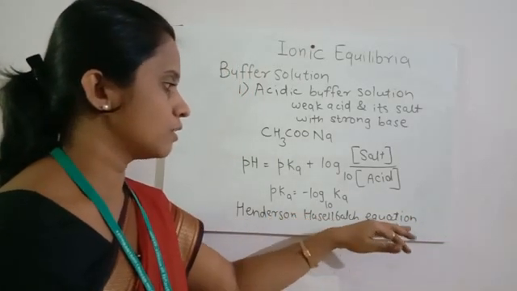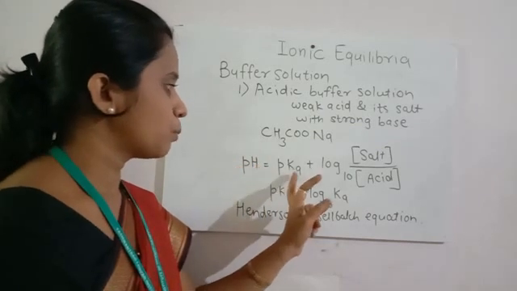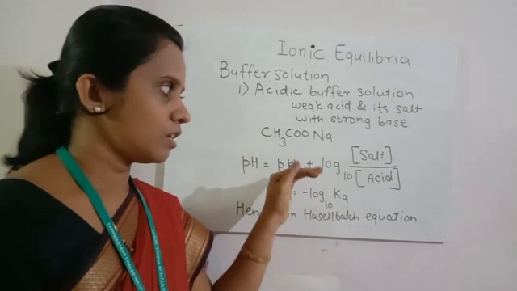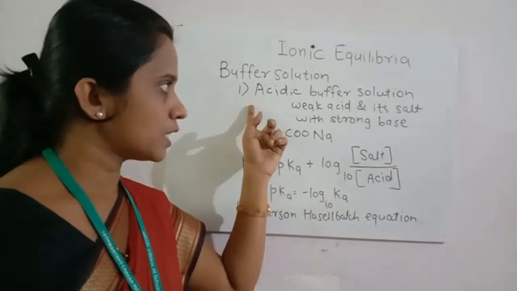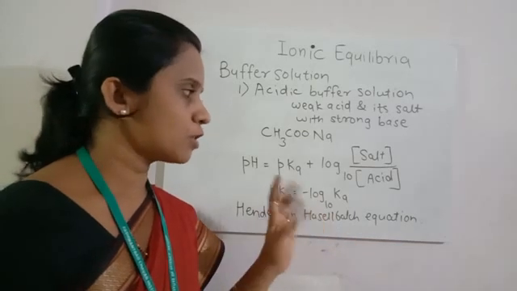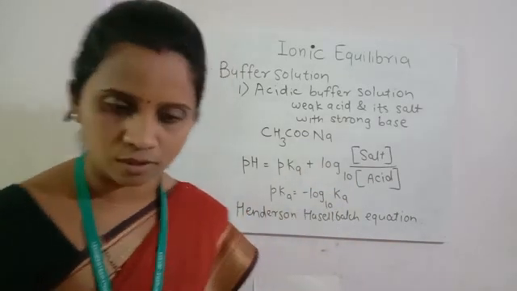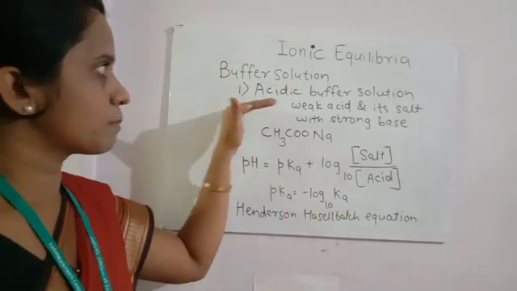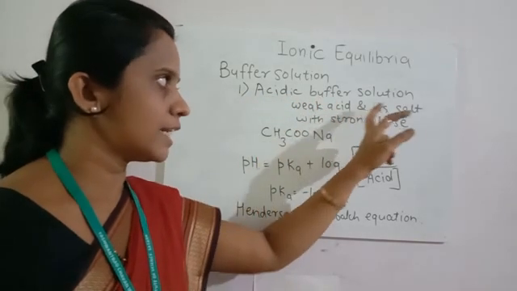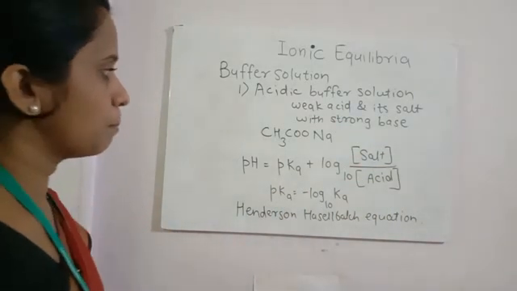Henderson-Hasselbalch equation. That is pH is equal to pKa plus log to the base 10 salt upon acid. In the same format we are going to see basic buffer solution and this equation for basic buffer solution. Okay. So this much is clear to you. What is acidic buffer, weak acid and its salt with strong base.